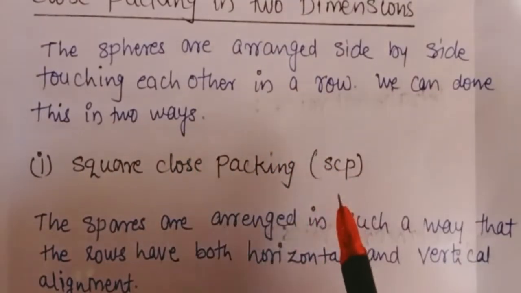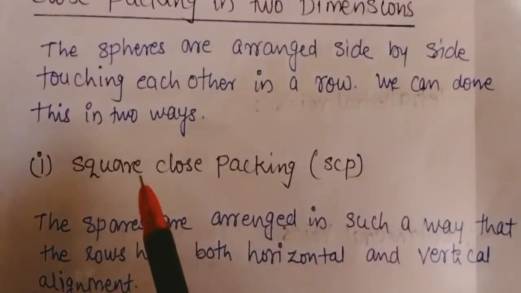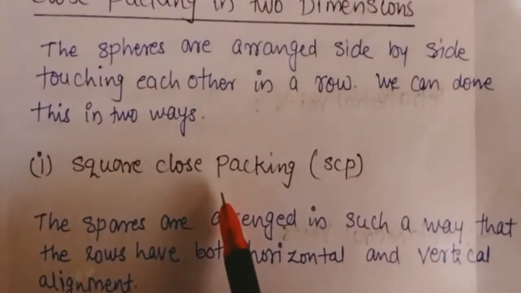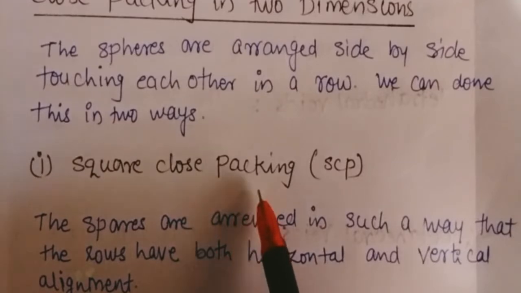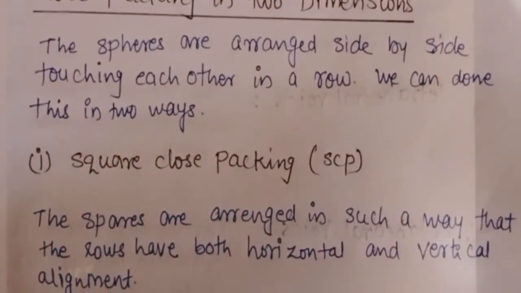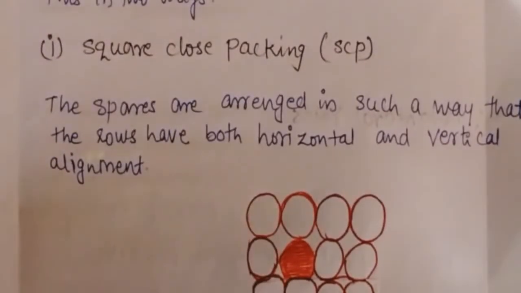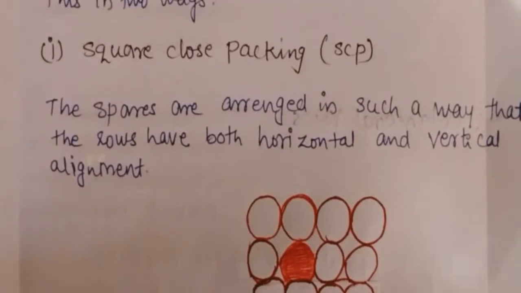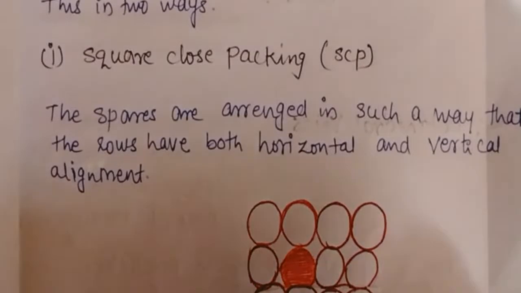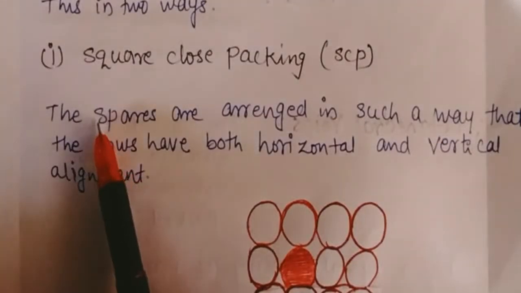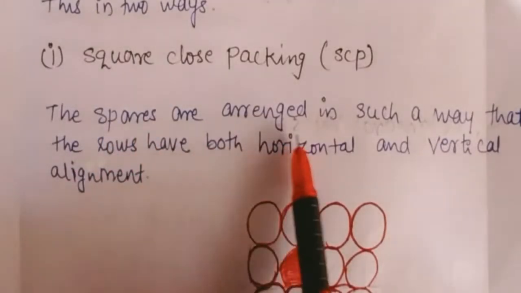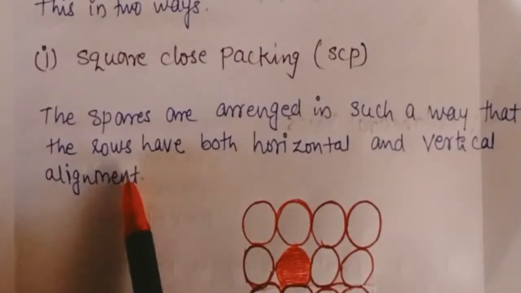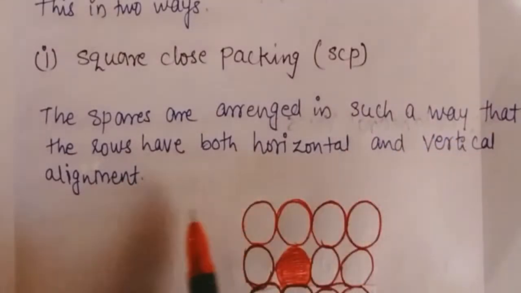It can be arranged in 2 ways. The first one is square close packing and the other one is hexagonal close packing. First we discuss square close packing. Square close packing means the spheres are arranged in such a way that the rows have both horizontal and vertical alignment.